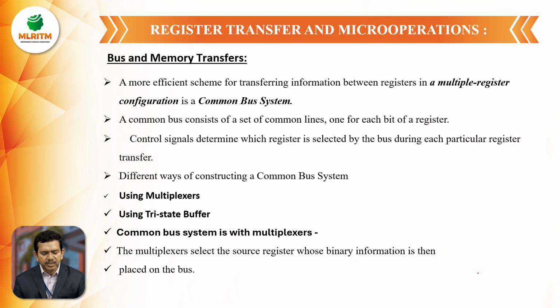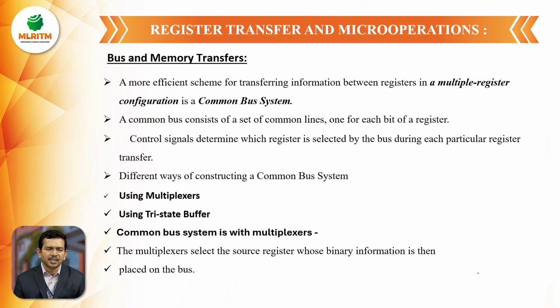So a more efficient scheme of transferring information between the registers is the multiple register configuration, or common bus system. If I have some 10 registers, I will try to make 5 go one way and 5 another way. We make this a common bus system where all these 10 are connected to the bus and the data will be transferred.